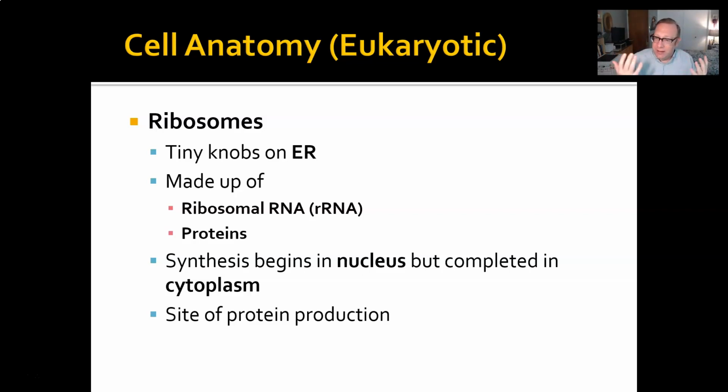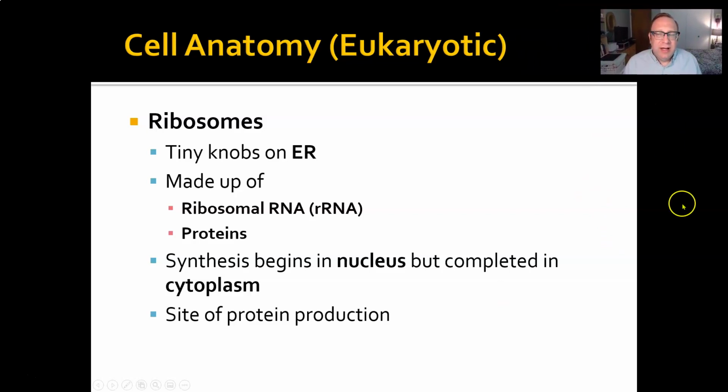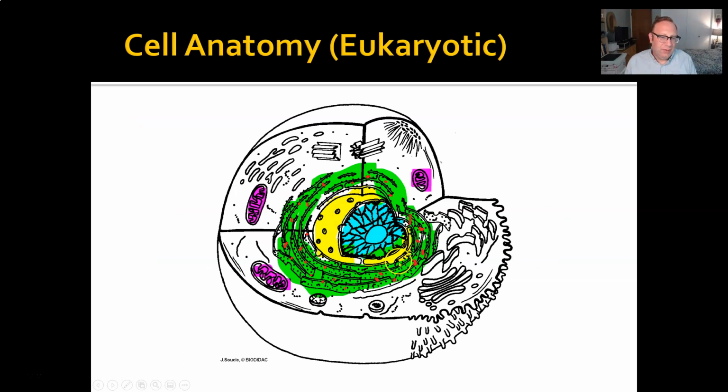Nice little chicken and egg thing there, right? Protein synthesis begins out at the nucleus and is completed in the cytoplasm, okay? And when I say that, what I mean is that the ribosome is where the process is completed. There you go. Now I've colored them red so you can see them more clearly.